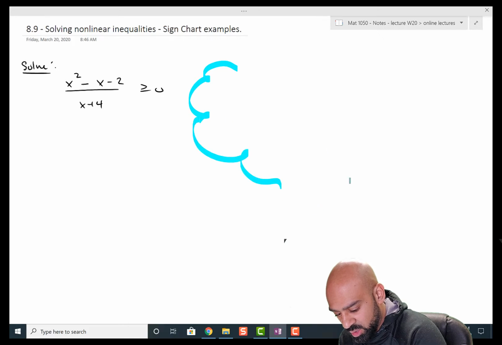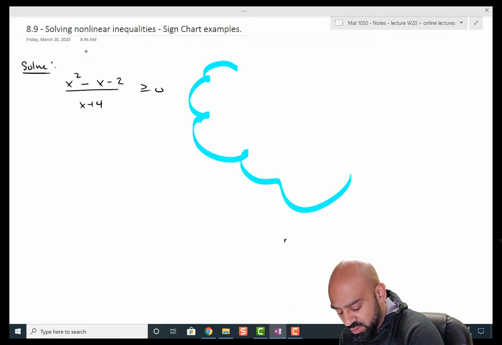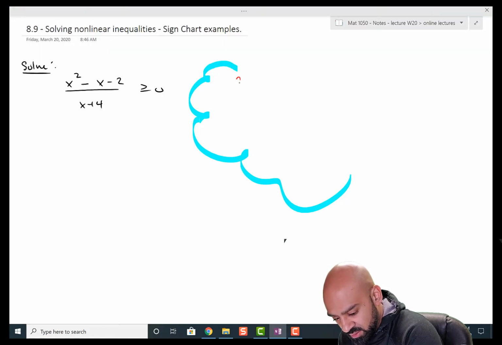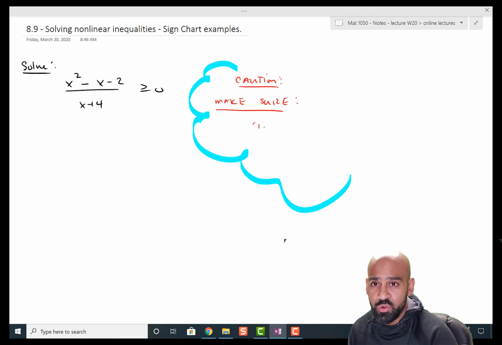Okay, so checkpoint 1, I'll make a little list here of things I need to be conscious of. So caution, I guess we'll make a caution box here. Make sure these two things do not happen, because if they happen, game over, you lose.